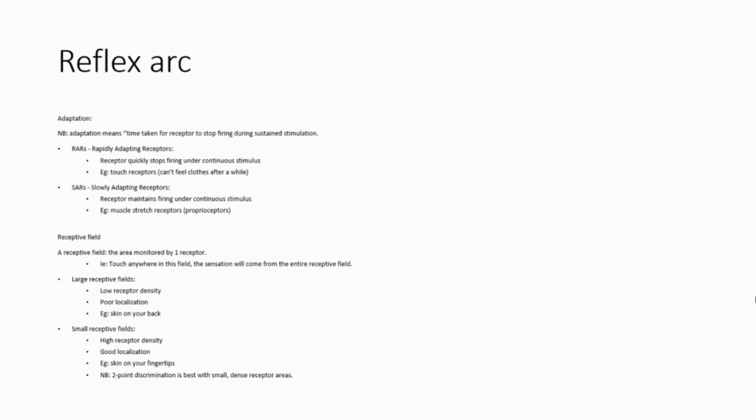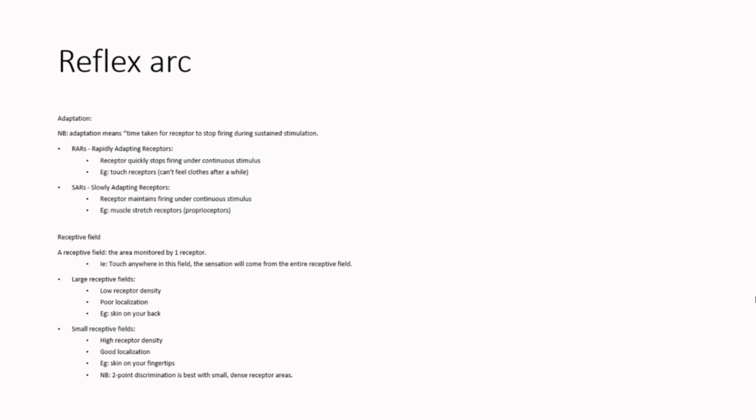So in adaptation, they can either be rapidly adapting or they can be slowly adapting. And if they are rapidly adapting, the receptor very quickly stops firing if there is a continuous stimulus. A very good example of this is touch receptors on our surface. Here, if we put on clothes, you're not going to think about these clothes after a few seconds because the receptors are rapidly adapting and they're going to stop firing.